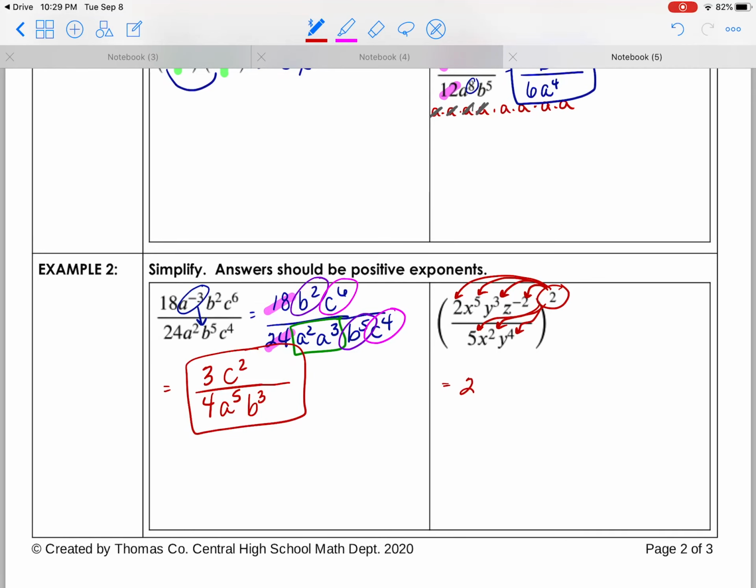So this is going to look like 2 squared, and then x to the 5th squared, then y to the 3rd squared, and then z to the negative 2nd squared, all over 5 squared, x squared squared, and y to the 4th squared.